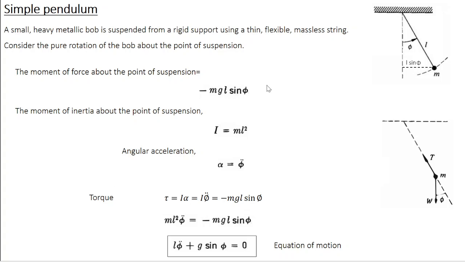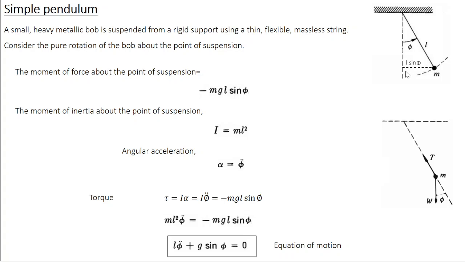It's a system consisting of a small heavy metallic bob which is suspended from a rigid support using a thin flexible massless string. Okay. So suppose m is the mass of the metallic bob, and L is the length of the string. So the dotted line is the equilibrium position.